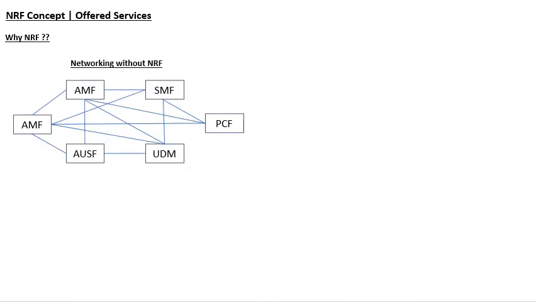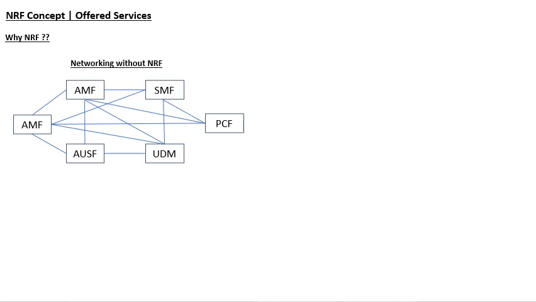So if we talk about network topology without NRF, for example, in 5G we have AMF, SMF, UPF, PCF, CHF. These are the different network functions which are producing different services.